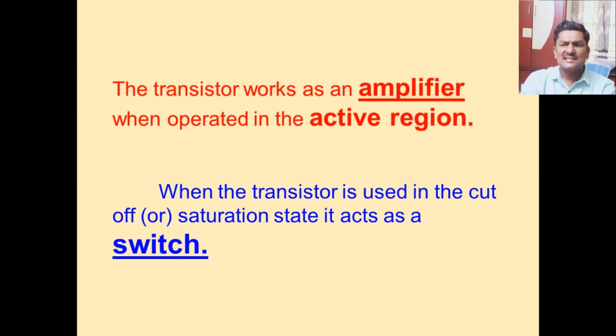So a transistor can be used as an amplifier and a transistor can be used as an electronic switch. We have the transistor as an amplifier in our syllabus. In the next video, I explain that.